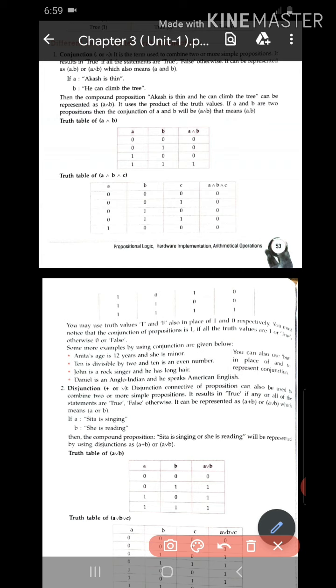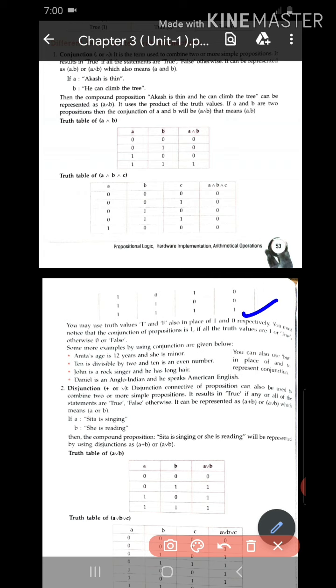Right now we are creating a table of 4, 2, 1. Means 4 0, 4 1, 2 0, 2 1, 1 0, 1 1. In this way you have to create a truth table. And what is the role of and here? We want all things together, meaning in the last condition we are having 1, 1 and 1.